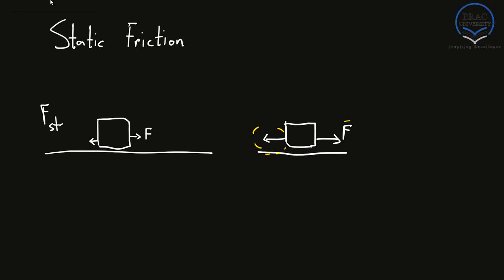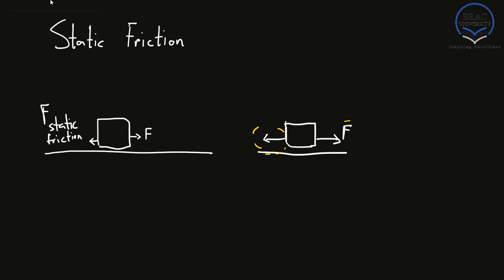F static friction. And so clearly this static friction does not have a constant value like the kinetic friction did, but rather this could increase to some maximum value. We can capture this again.